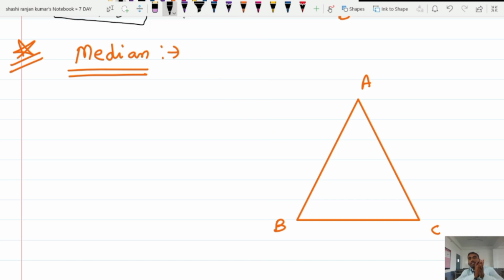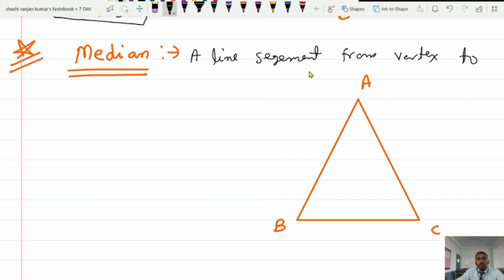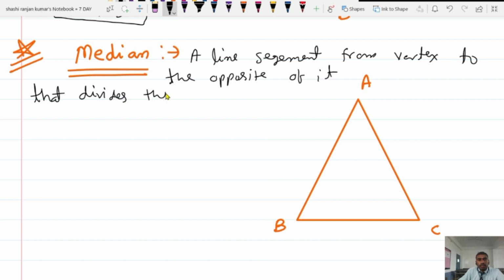The median of a triangle is a line segment from a vertex to the opposite side that divides the side into two equal parts.